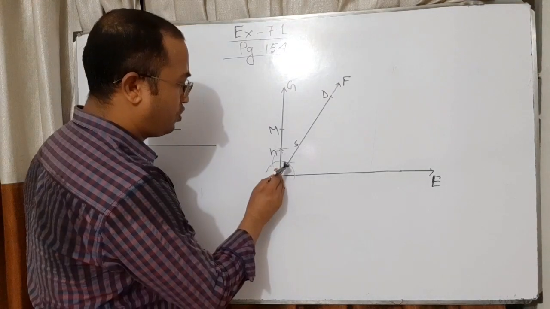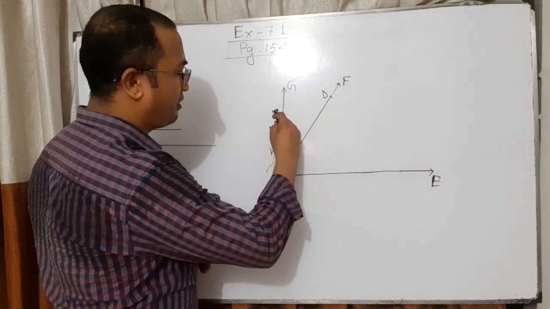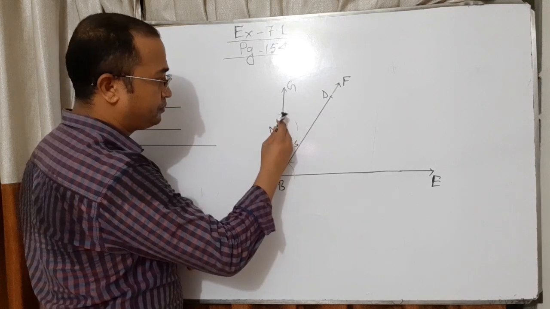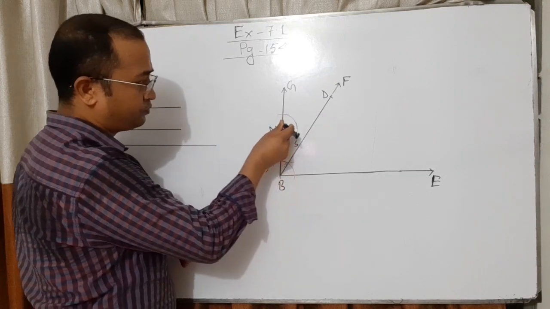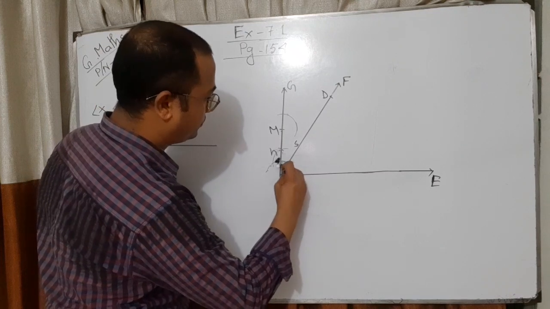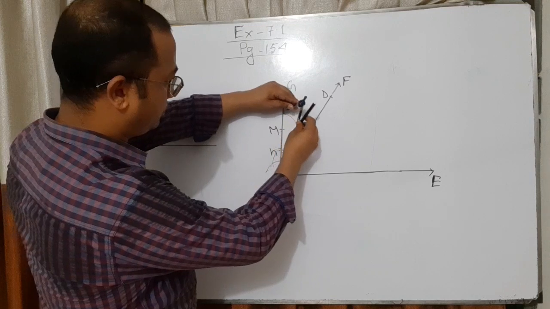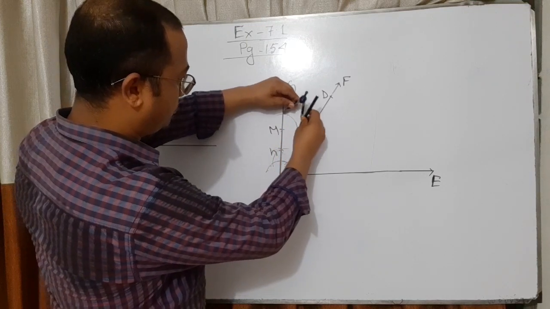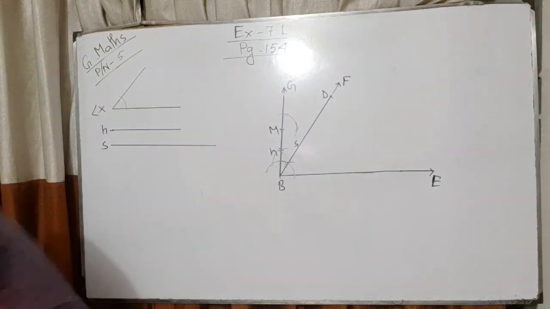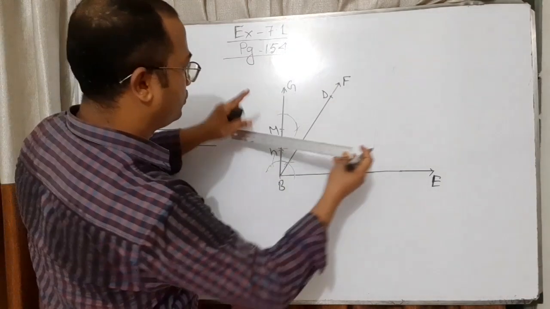Now we draw an equal angle at the point M. Now join these two.